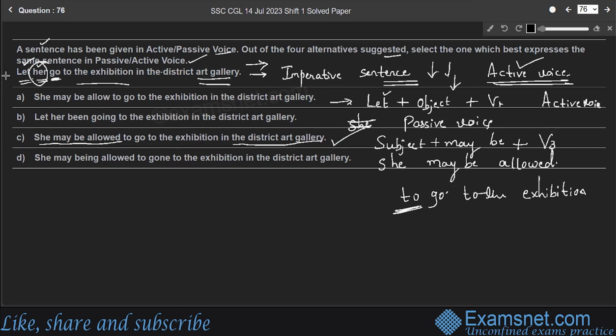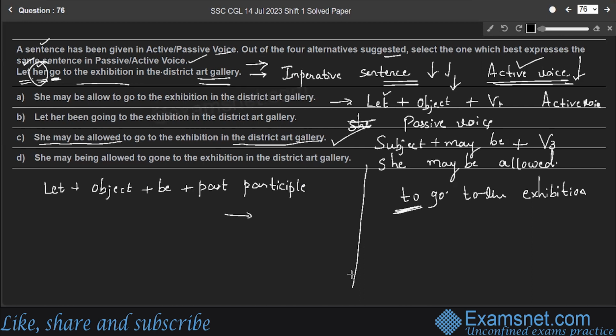So you may ask, what if the passive voice form of the imperative sentence is given? Here, the format of passive voice: if the imperative sentence starts with let followed by object, then be, then past participle, this format is the passive voice form.